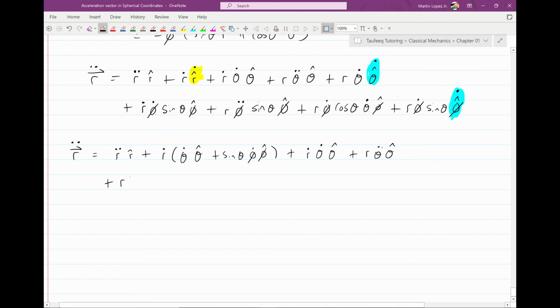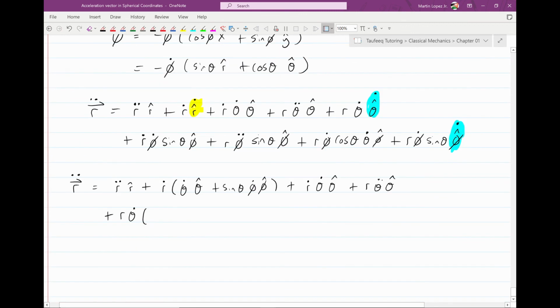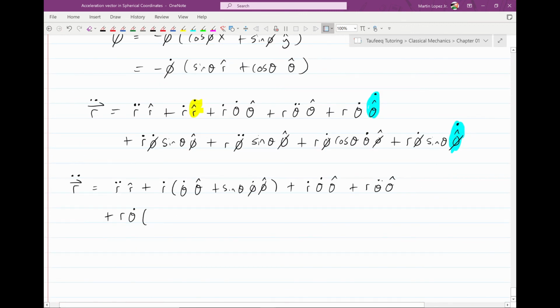Now I'm going to write this one on a new line. So plus r theta dot, and I'm going to plug in what theta hat dot is. So theta hat dot ended up being negative theta dot r hat plus cosine theta phi dot phi hat. You should check that.